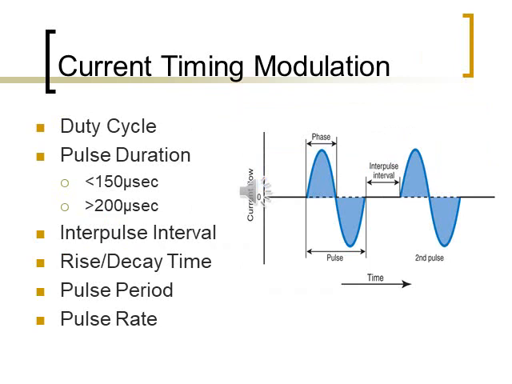For current timing modulation, these are some of the things you can do with the timing, and I described this earlier. This is a lot of what you're going to manipulate with the treatments to create a desired effect, be it for different levels of pain control, different sensory responses, or different types of muscle contraction.